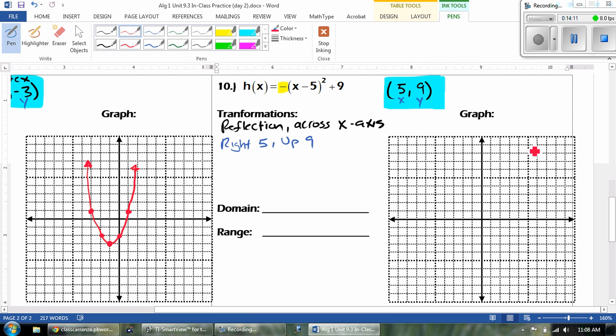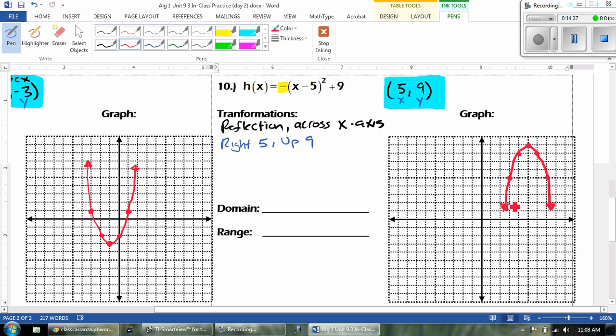So I'm going right 5, up 9. There's my first point. And instead of going up 1 over 1, I'm going to go down 1 over 1. Down 3, right 1. And there we go.